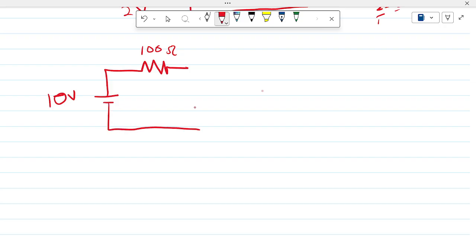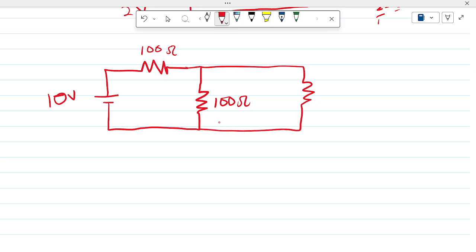Alright, so as we have this circuit here, I want to use easy values, 10 volts, and there is a 100 ohm resistor, another 100 ohm resistor, and another 100 ohm resistor.